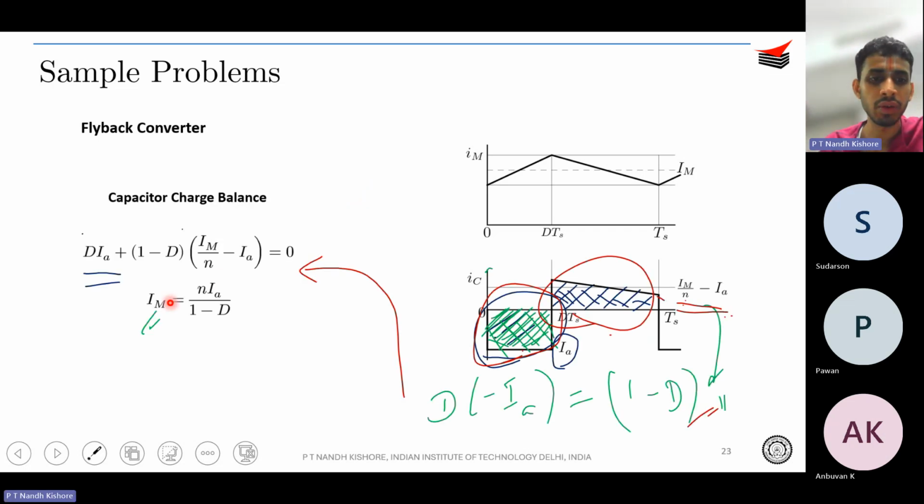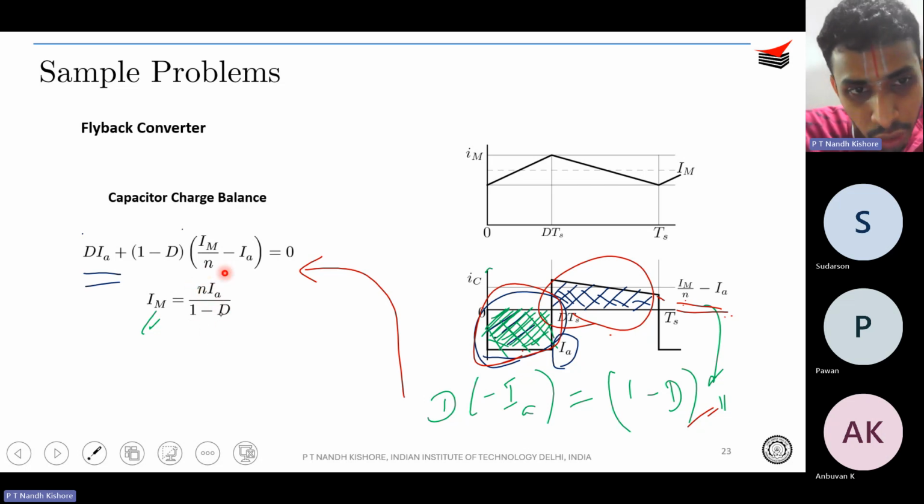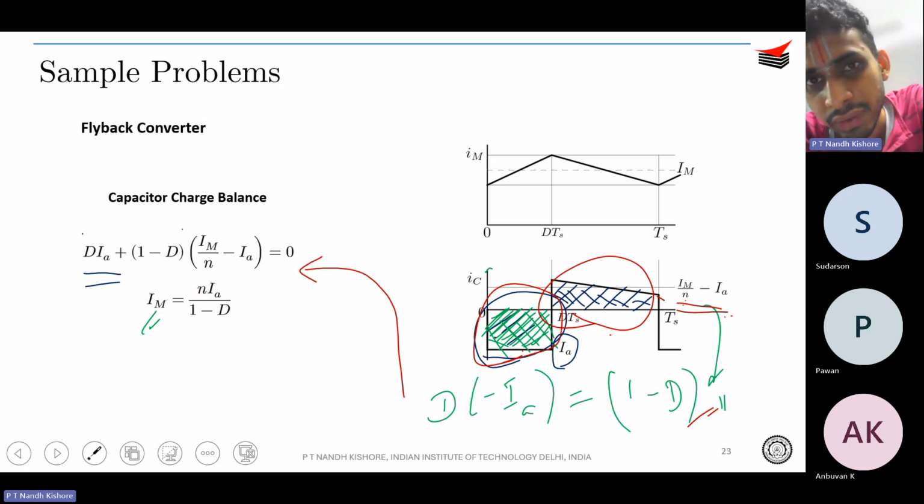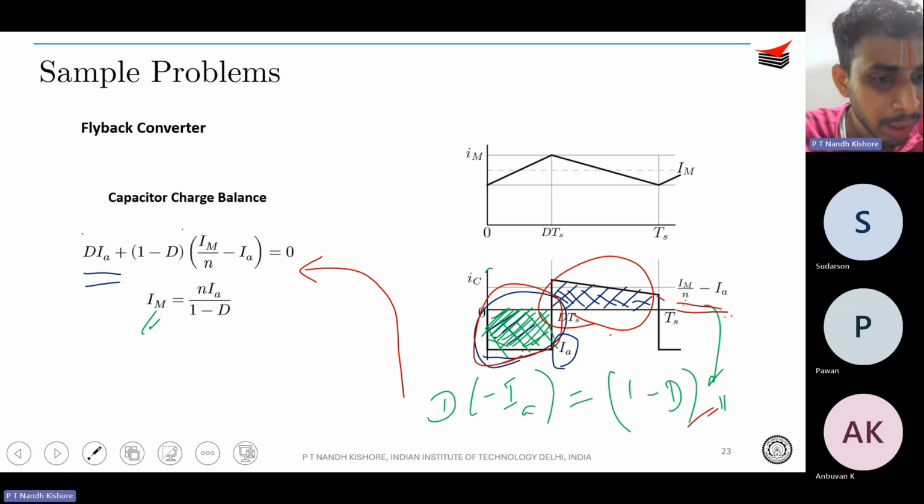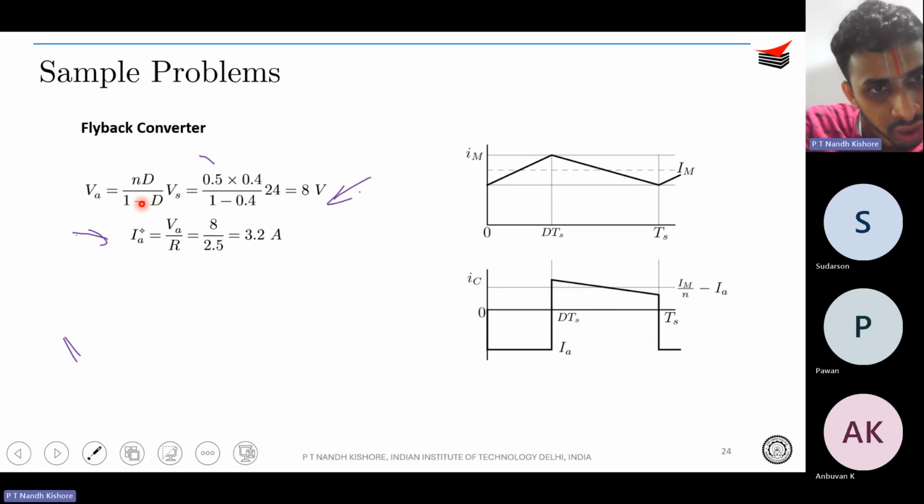So you got your value of Im. Once you get what is Im, you just substitute the values of D, n, and Ia. n and D are given in the problem. Ia is not given. What is Ia? Ia is Va by R, and Va for a flyback converter is n into D by 1 minus D into Vs, where n is your transformation ratio.